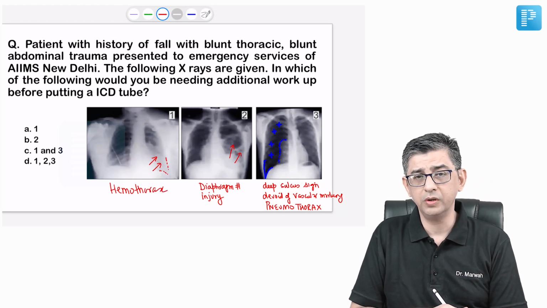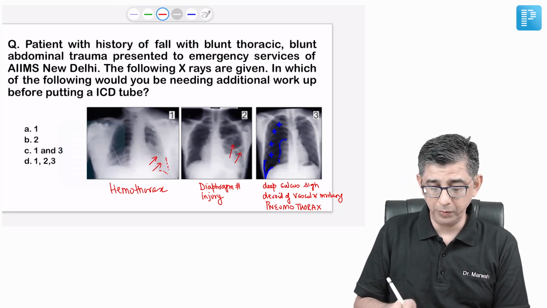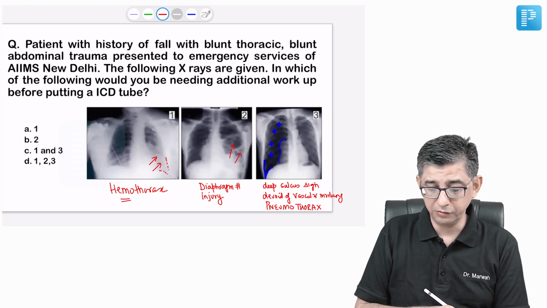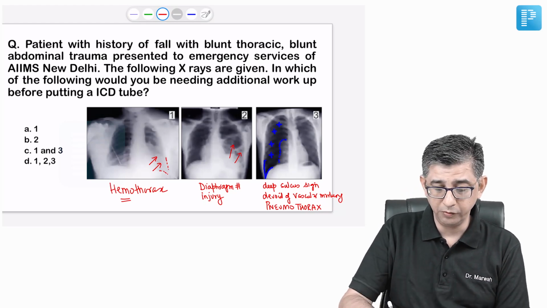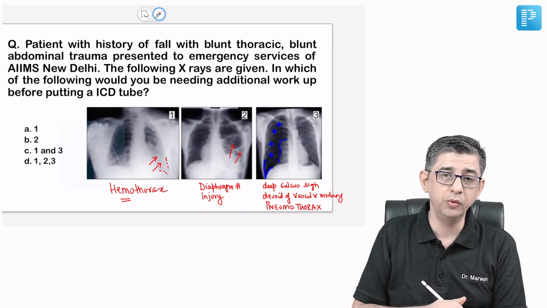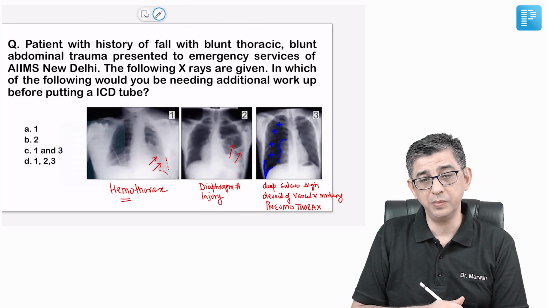And in case of hemothorax, yes, subsequently you might be requiring a thoracotomy, but initially a chest tube would help in drainage. I mean, there could be a combination of hemo-pneumothorax in a person as well. So for the first and the third one, I can put in an intercostal drainage tube. But for the second one here, I would need more investigations before I proceed with what kind of surgical repair would be required for this patient.